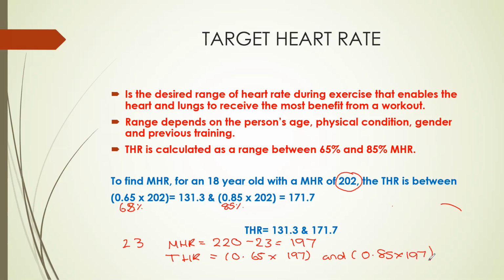If I quickly calculate that for you, it's going to be between 128.05 and 167.45 beats per minute, okay? And that's during exercise. That's not whilst we are at rest, but rather during exercise.